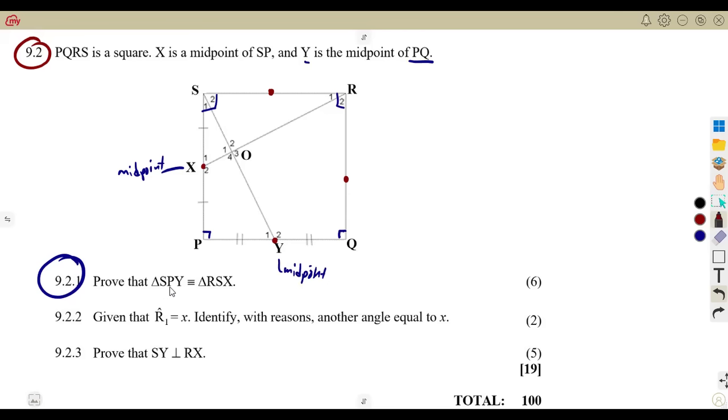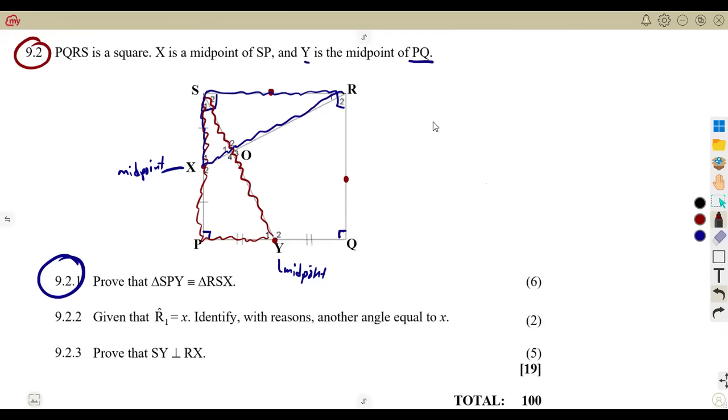So the first question was to prove that triangle SPY is congruent to triangle RSX. This is the triangle they want to prove congruent. So what can we use to prove that they are congruent? Are we having anything equal?